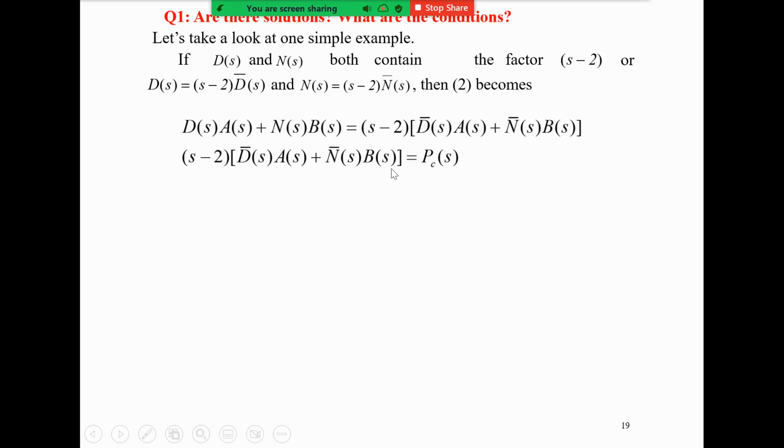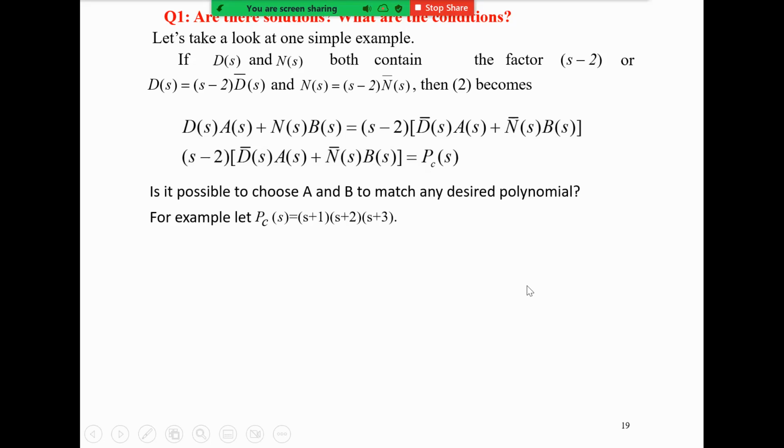This is the closed loop polynomial, and on the right side is the desired polynomial you want to match. And what are the design parameters? The design parameters are those two polynomials A and B. D bar and N bar are given, but you are free to design any possible polynomials A and B.